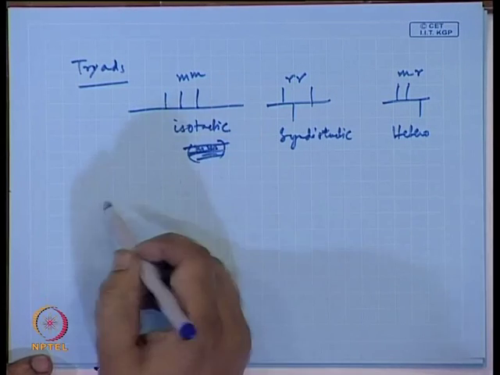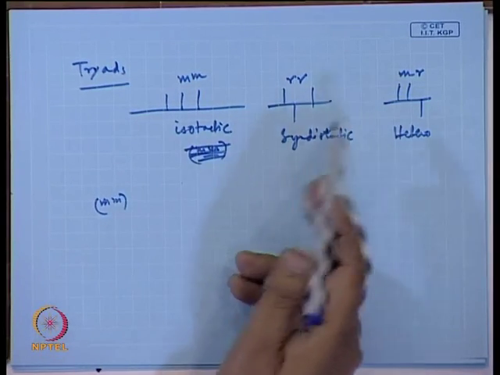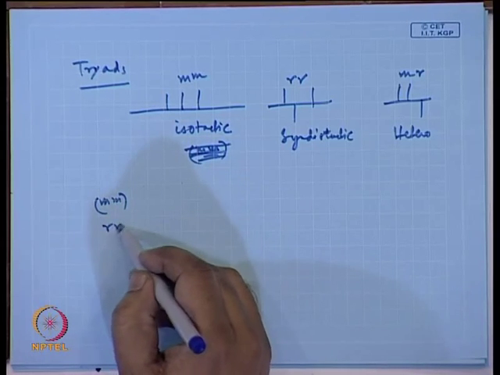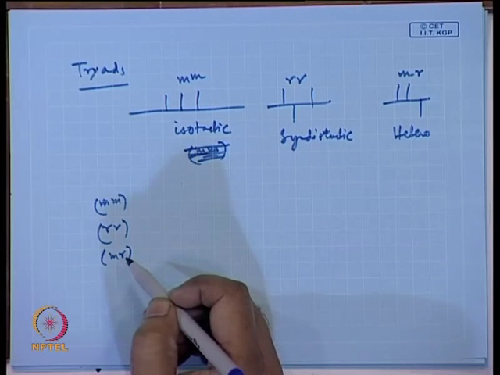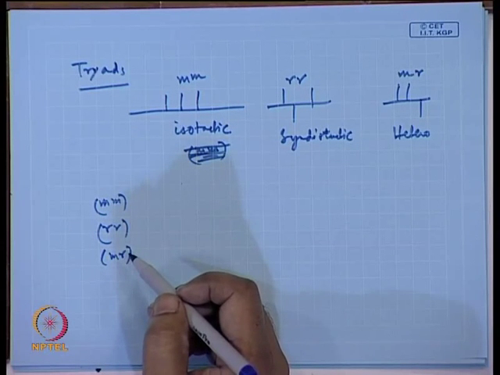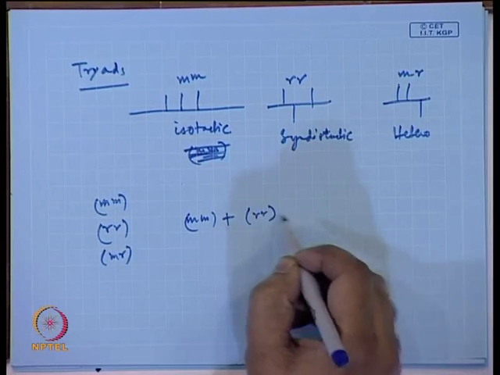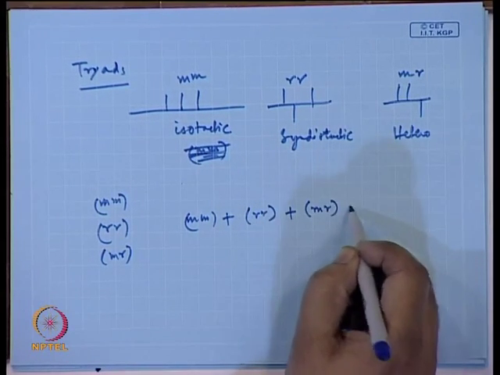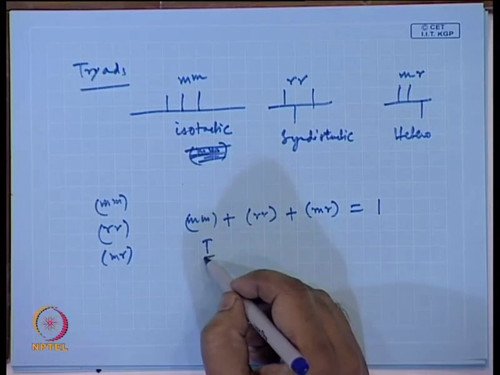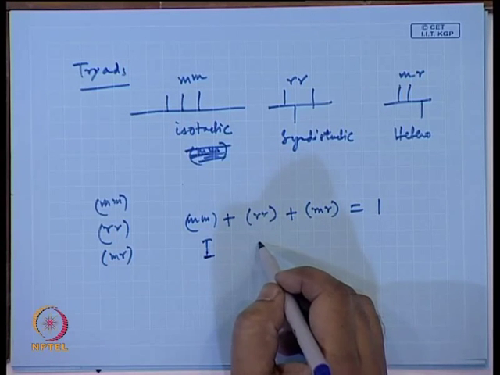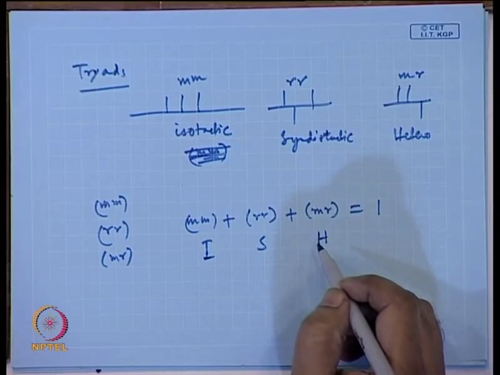Again, we define in a similar way: MM is the fraction of isotactic triad, RR is the fraction of syndiotactic triad, and MR is the fraction of heterotactic triad. So, we can write MM plus RR plus MR is equal to 1, and sometimes people write I for isotactic, S for syndiotactic, and H for heterotactic.